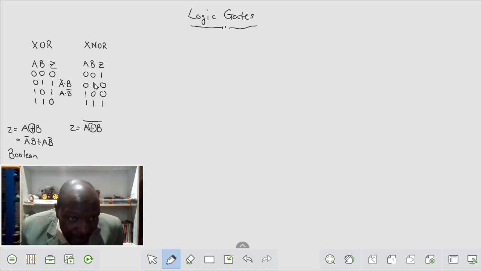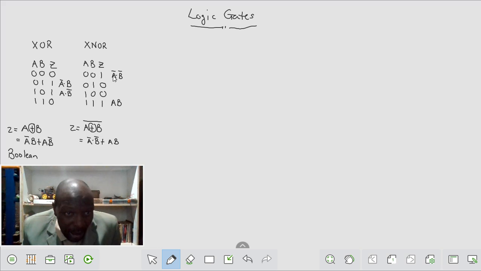But if you look at the other one, we get an output where not A combined with not B gives us an output, or A combined with B. So our output here can also be expressed as not A combined with not B, or A combined with B. This is when we get output.